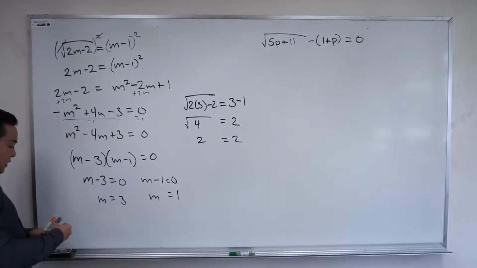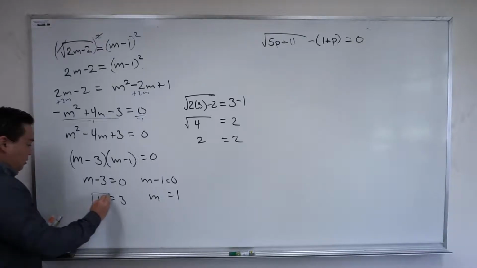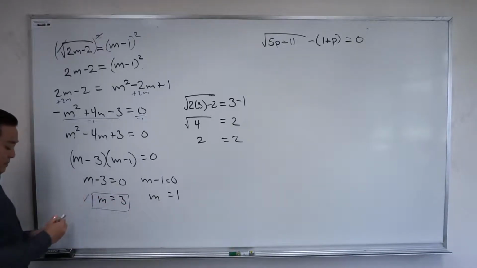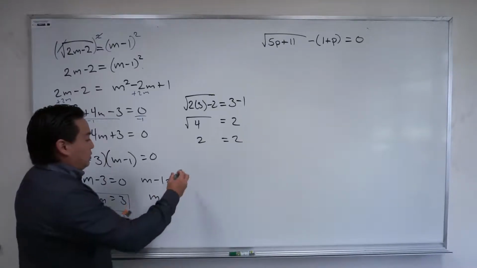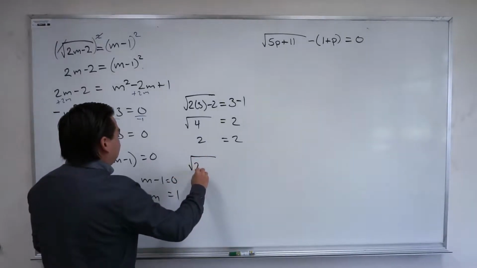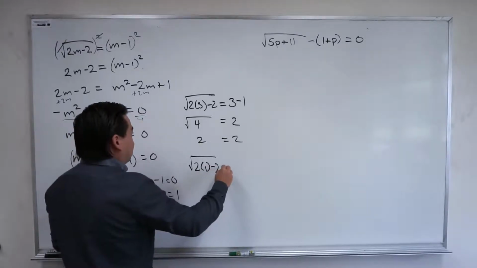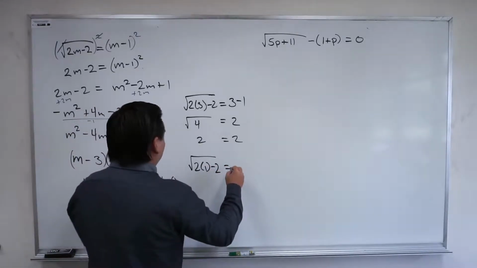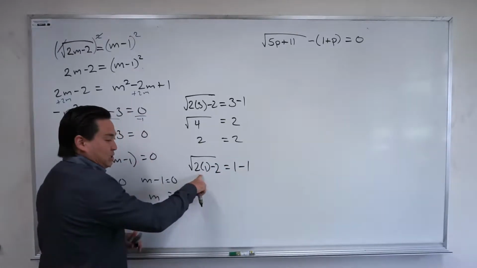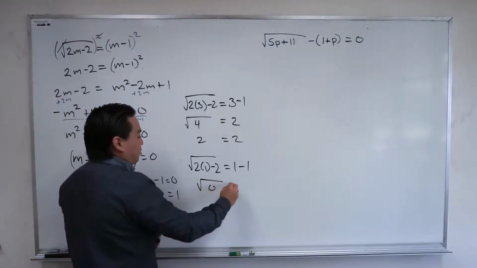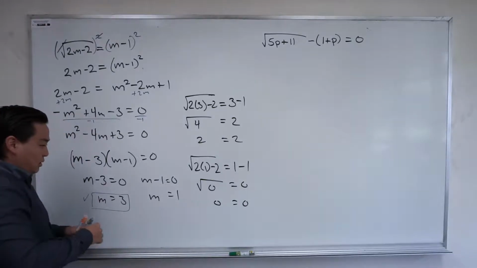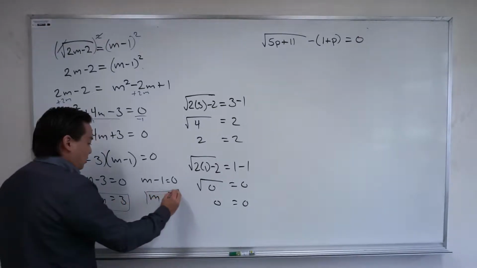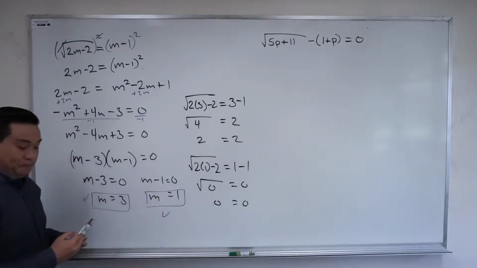So this answer over here, m equals 3, that one's okay. So let's go ahead and check the other one, m equals 1. The square root of 2 times 1 minus 2 is equal to 1 minus 1. So this is 2 minus 2, square root of 0 is 0. So again, 0 equals 0. So this solution here is also okay.